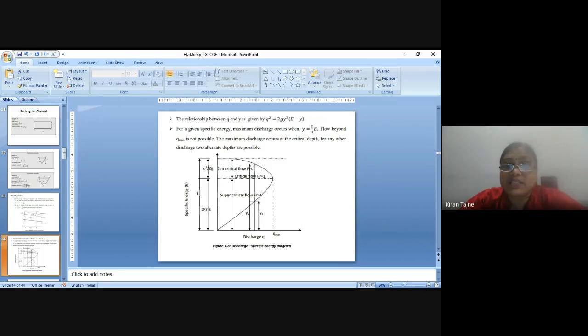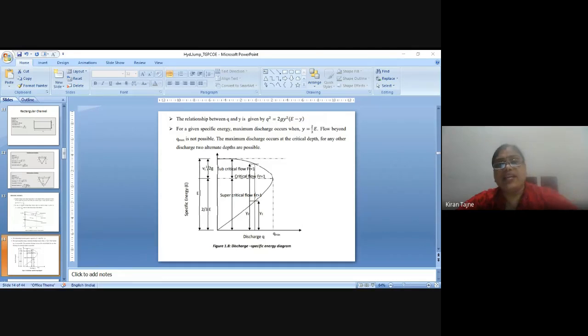For any other discharge, two alternate depths are possible: one below critical depth and another above critical depth.